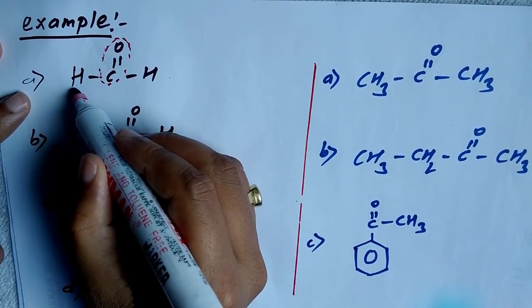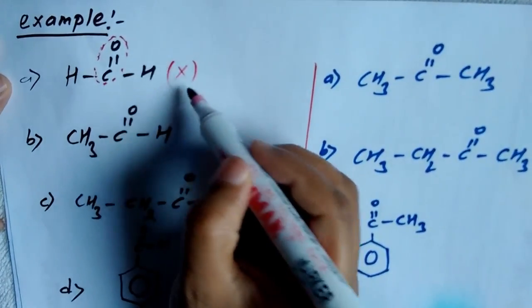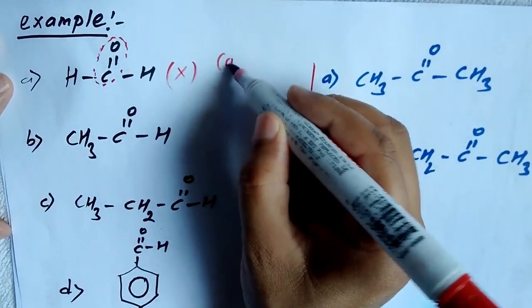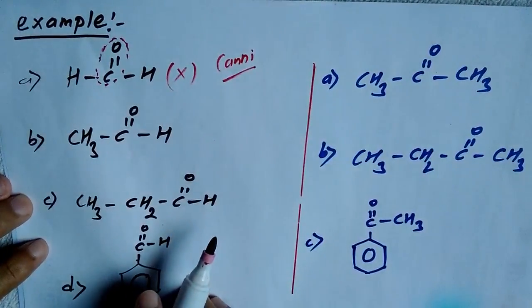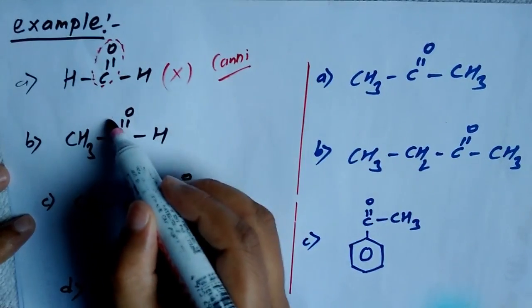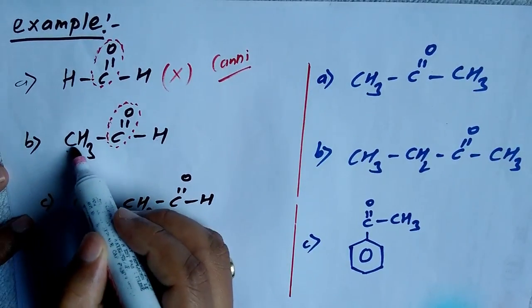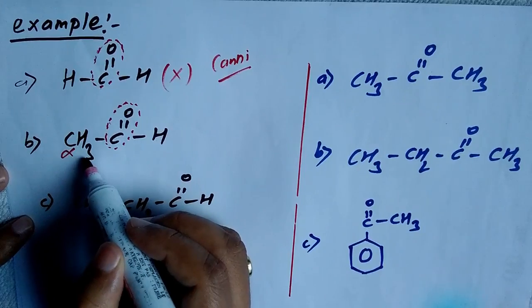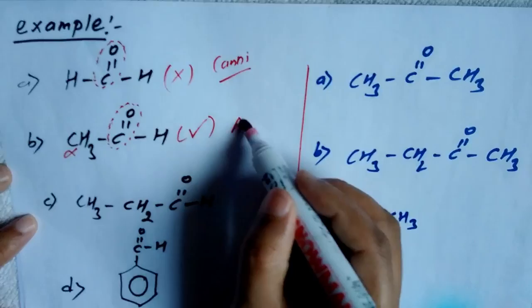There is no carbon bonded to the functional group, so there is no alpha carbon and no alpha hydrogen, and it does not give aldol condensation; it gives the Cannizzaro reaction. In CH3-C=O-H, the carbon bonded to the carbonyl group is the alpha carbon, and it has 3 hydrogens, so 3 alpha hydrogens. It contains alpha hydrogen, so it gives aldol condensation.